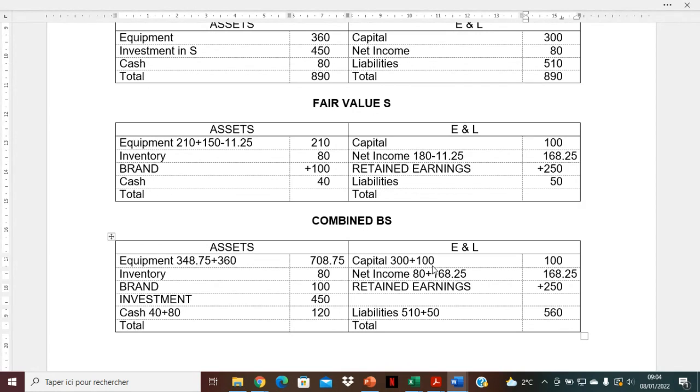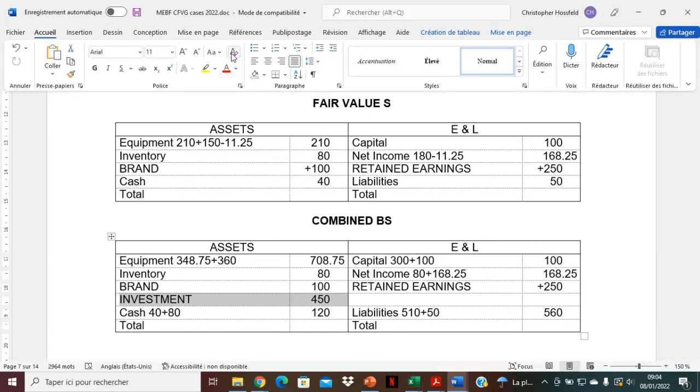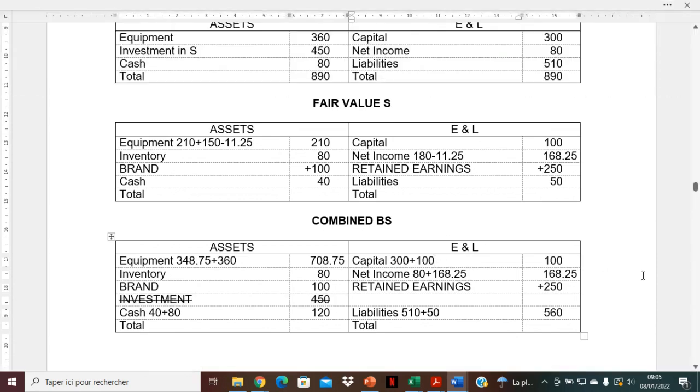Okay, same thing. So I will eliminate the investment. On the one hand, I need to eliminate minus 80% of 100.